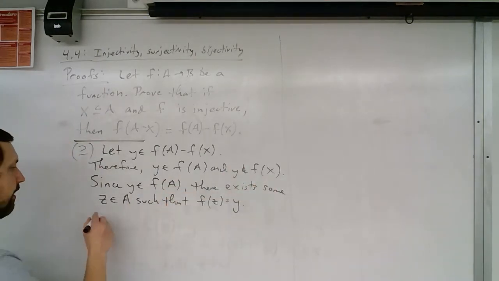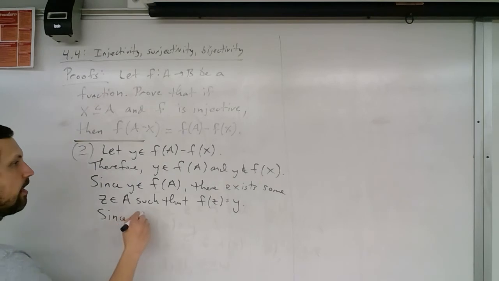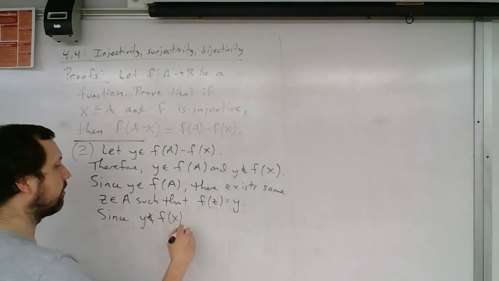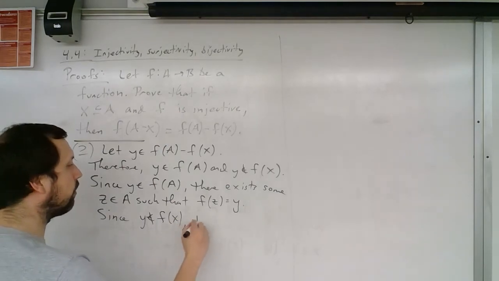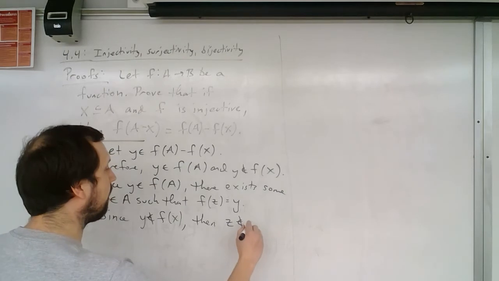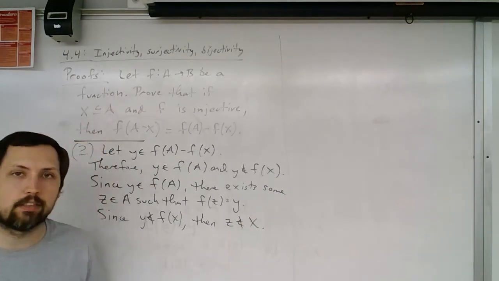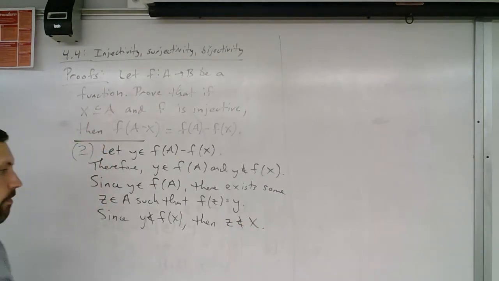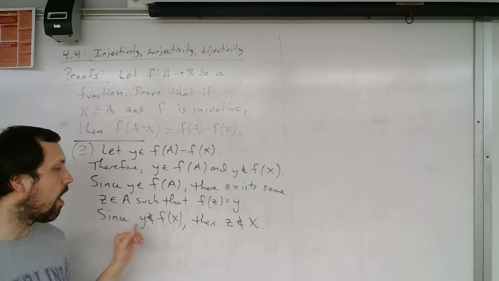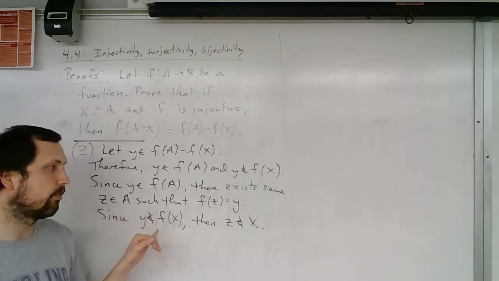So what we now see is that since y is not an element of f of X, z is not an element of X. Because we said that if z was in X, then y would be in f of X.